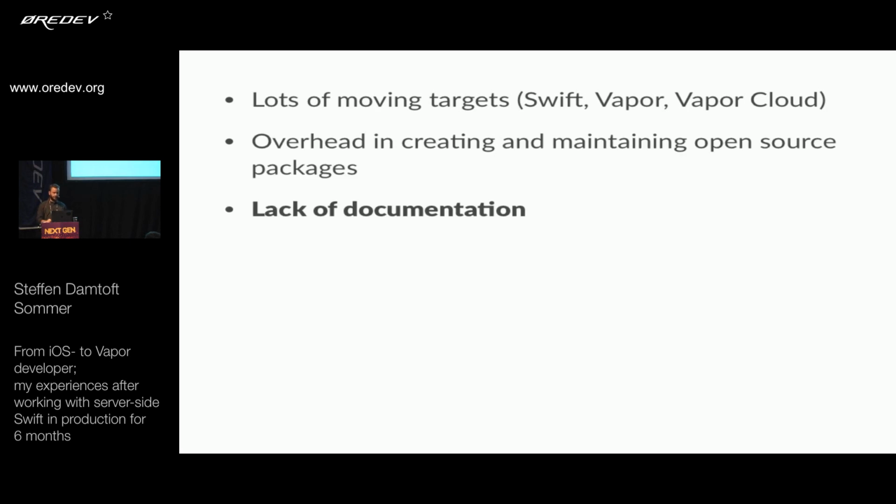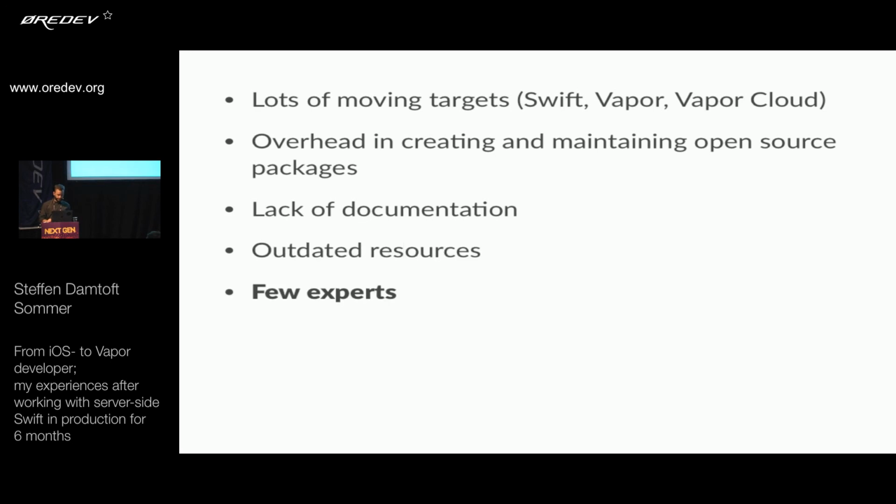We've seen a lack of documentation, stuff not being documented, but also maybe not exemplified well enough. I mentioned this earlier, outdated resources. Because everything is moving this fast right now, resources become outdated really fast, which makes it harder to get into the framework.